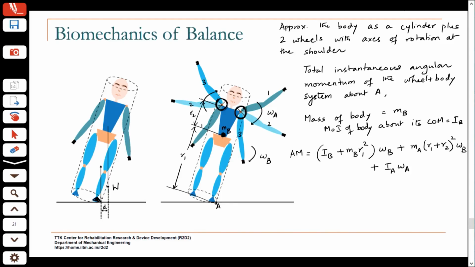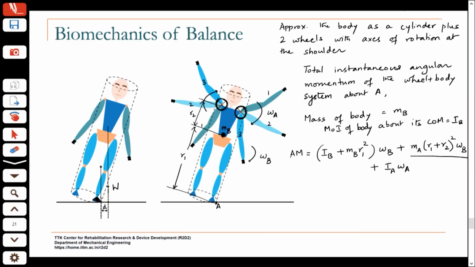This one? No, omega A is the angular velocity about the wheel; the arms are rotating about that center, but the arms are also part of the whole body, and that part is rotating with omega B. Okay, the wheels themselves. So it's like this.